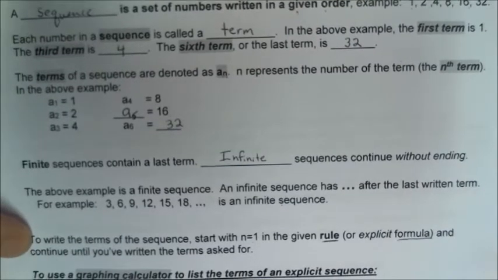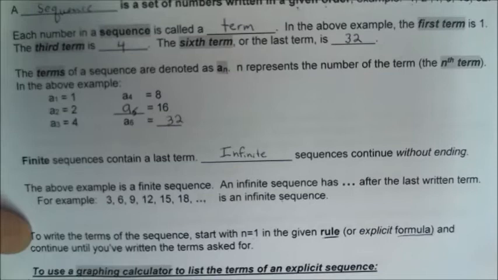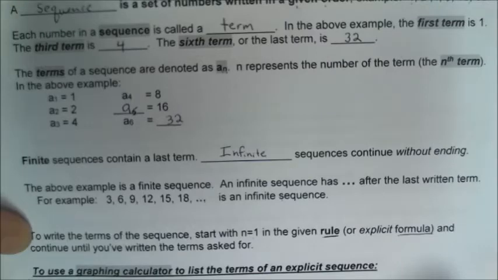You can use a graphing calculator to list the terms of an explicit sequence. Press the y equals button and look at the table of values, and you can see all of the terms in the y column. The y value represents the term. An means the nth term.